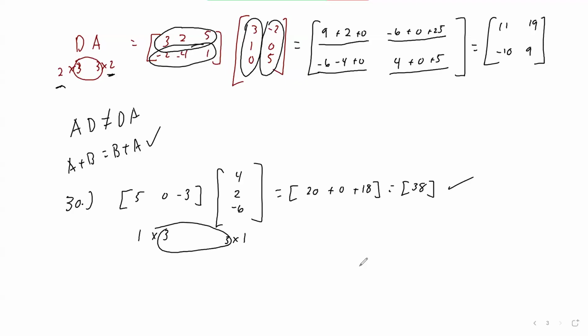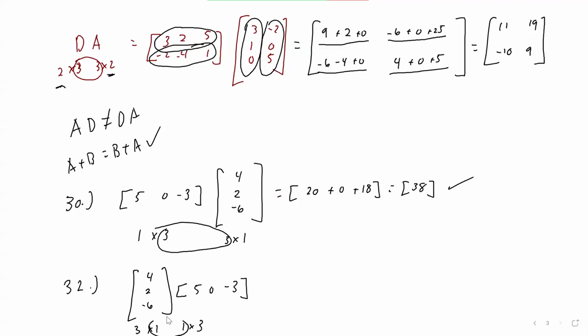All right. Let's look at number 32, which is pretty much this flipped over. We got 4, 2, -6. And then we have 5, 0, -3. All right, this is a 3 by 1, and this is a 1 by 3.